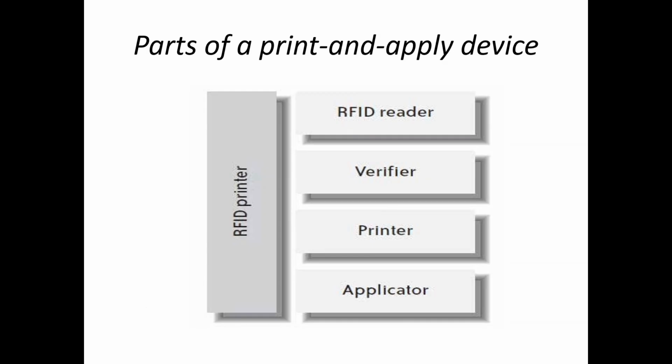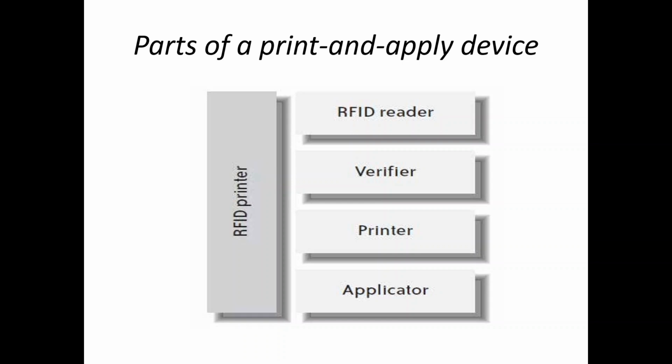So here are the major parts of an RFID printer and applicator. The first one is the RFID reader or encoder. This is the core RFID unit inside the printer.